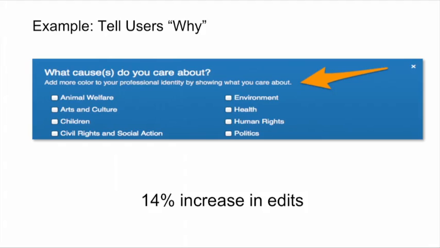So this is an example of a profile edit page, and we prompt you to enter your interests, to add more details to your profile. A simple addition of that one line, which basically tells users why we are asking for that information, again, seems like fairly straightforward. It's just a one-line change. Increase the profile edit completion by 14%, right? So it's a pretty significant change.